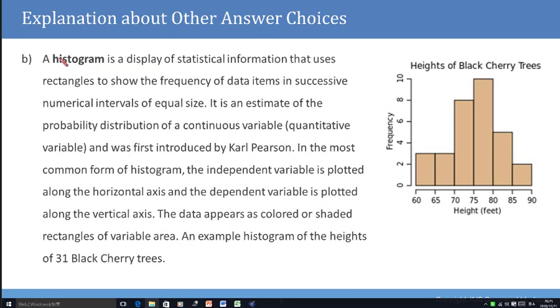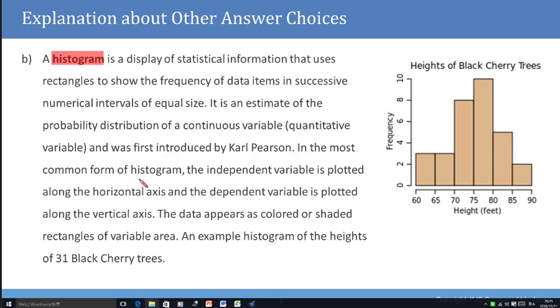B. A histogram is a display of statistical information that uses rectangles to show the frequency of data items in successive numerical intervals of equal size. It is an estimate of the probability distribution of a continuous variable, quantitative variable, and was first introduced by Karl Pearson.